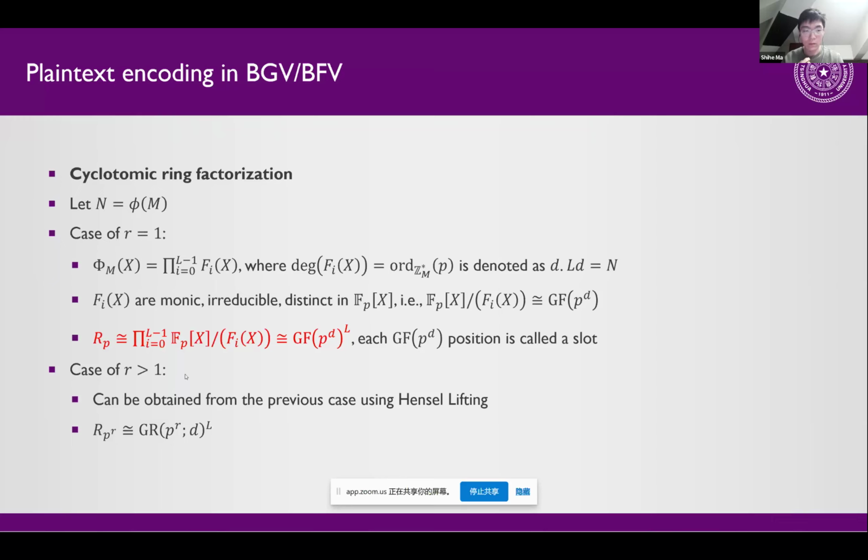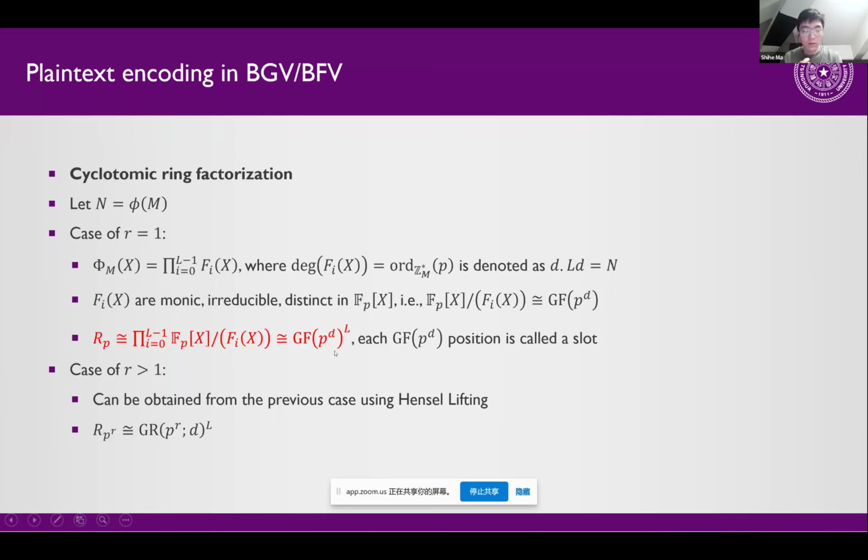So from the Chinese remainder theorem, we have the first isomorphism, that the plaintext space R_p is isomorphic to the product of many small rings that are all isomorphic to the same Galois field. We obtain the final one, the one we desire.